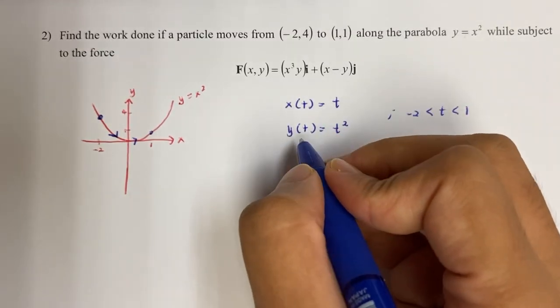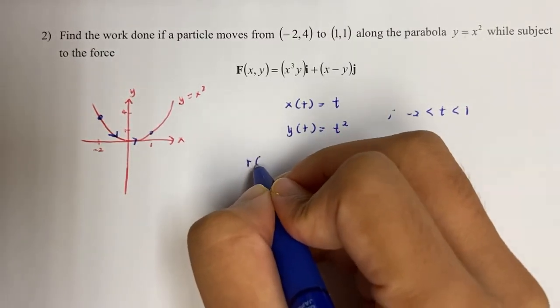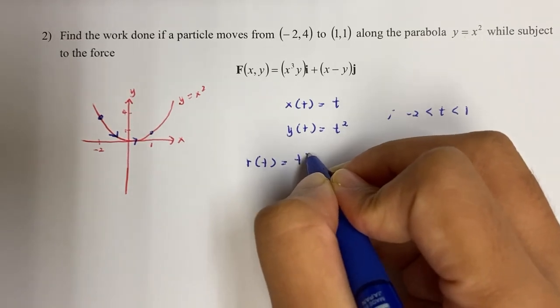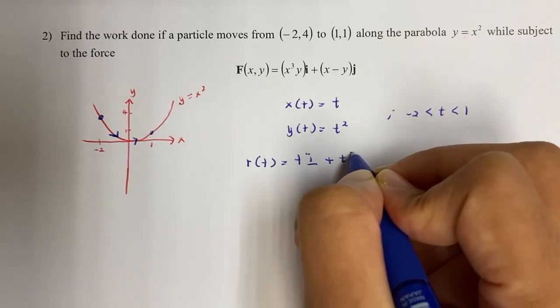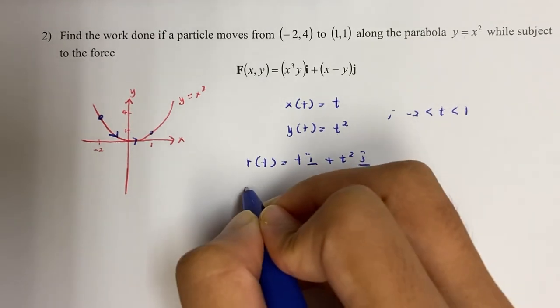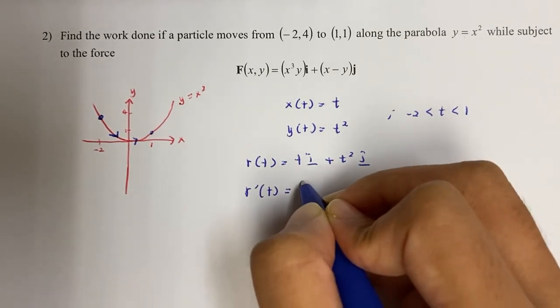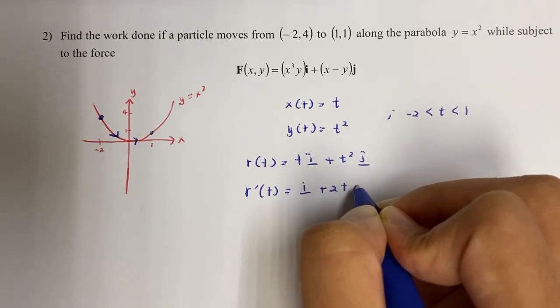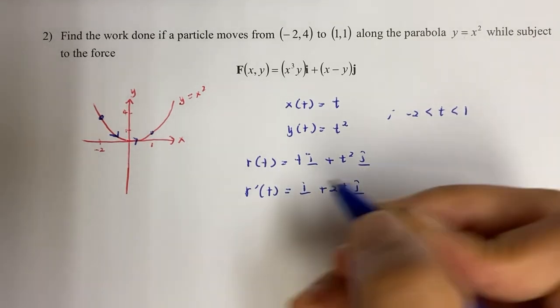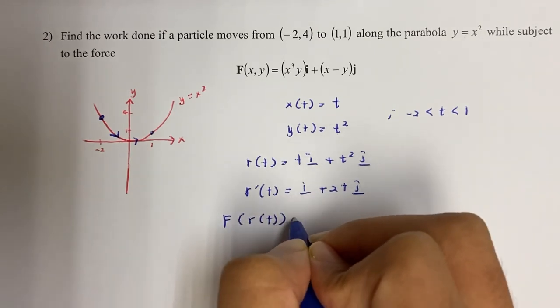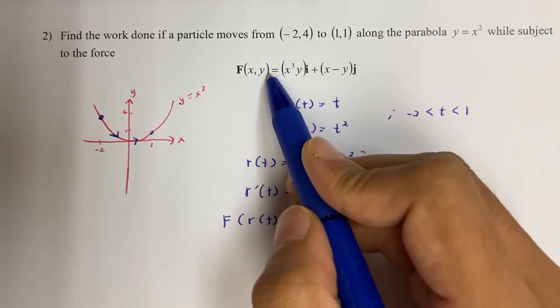From x and y, I can write my r(t). r(t) is equal to t i plus t squared j, and I can find r prime (t), then I have i plus 2t j. Next I can find F(r(t)).